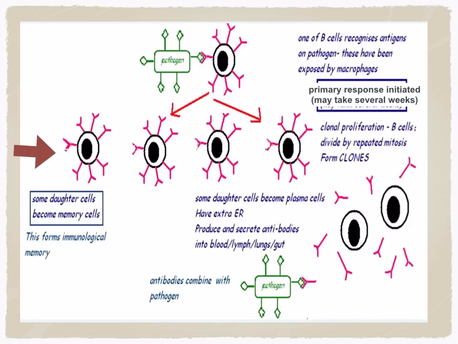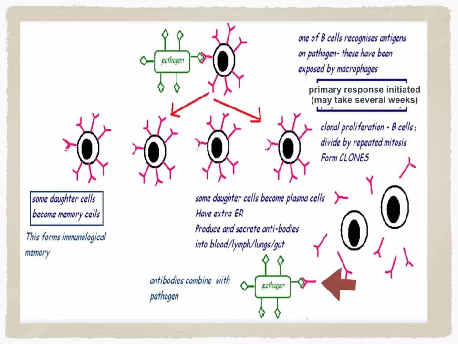The B cell then undergoes clonal proliferation, where some cells become plasma cells and others form memory cells. Those cells that become plasma cells secrete antibodies, and the antibodies from the plasma cells combine with the pathogen and destroy the pathogen.